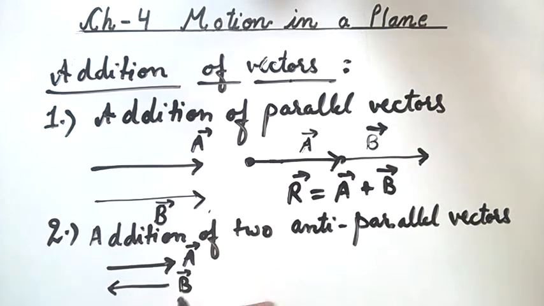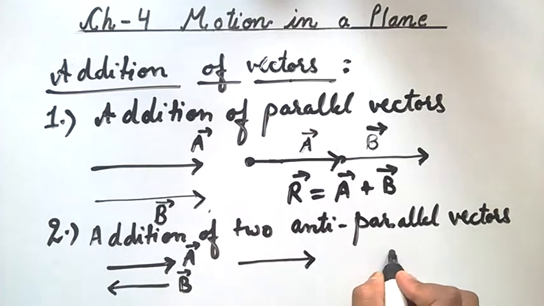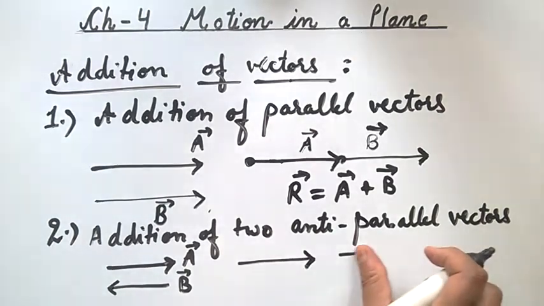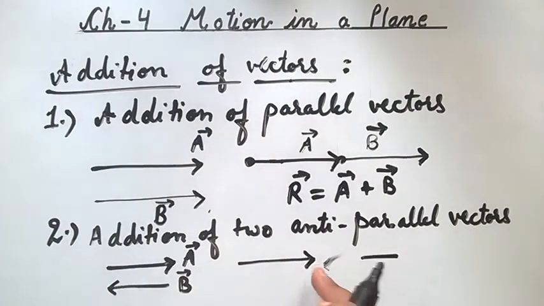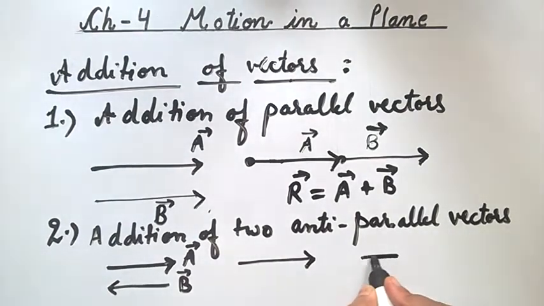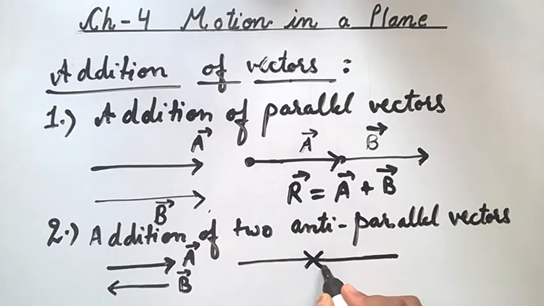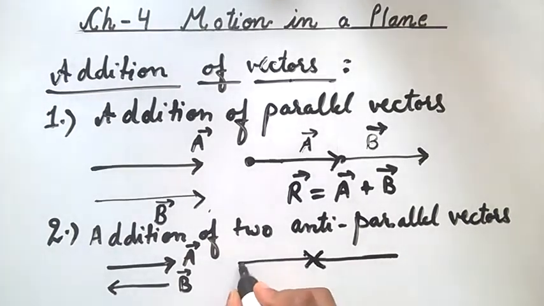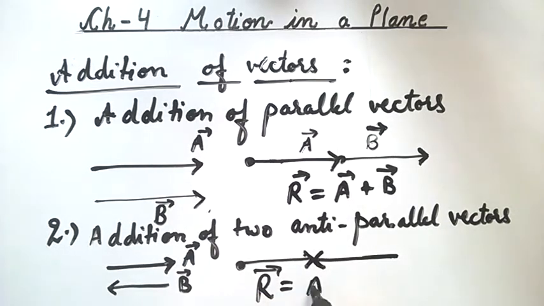A vector and B vector are in this way, so the tail of the first will coincide with the head of the second, and R is equal to A vector minus B vector.